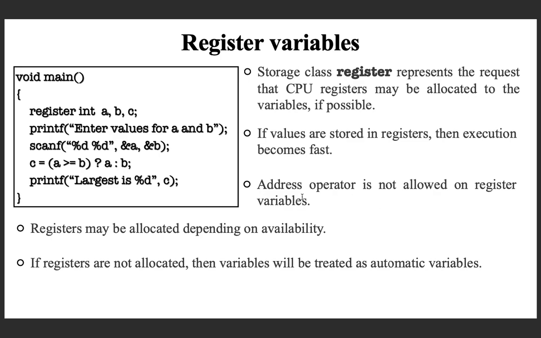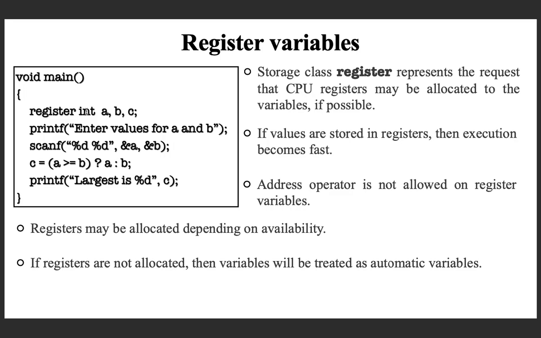It's very important. That means if you are not getting registers free during the execution, then they all will get memory allocated in the RAM or random access memory, which is the main memory of the computer, and in that case all these variables will be treated as automatic variables.